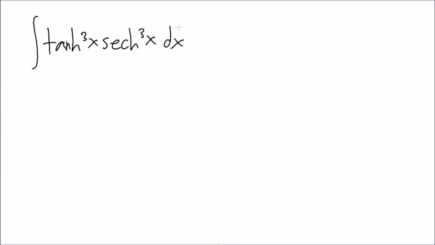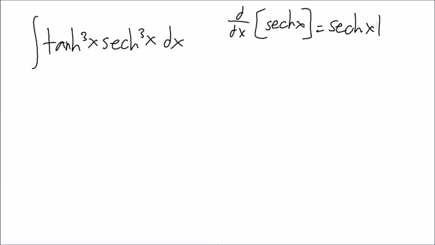Okay, so it's the same concept like trig integrals, except that we're dealing with hyperbolic tangents and secants. So now you're probably thinking, what trig identity do I use here? First off, let me just remind you, the derivative of hyperbolic secant x is negative hyperbolic secant x tanh x.